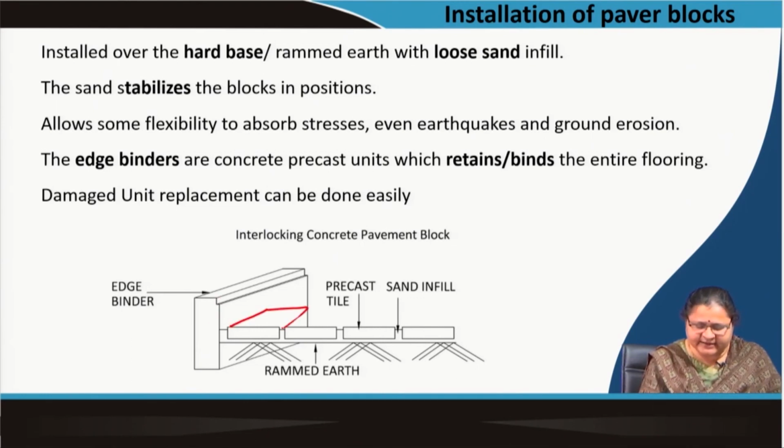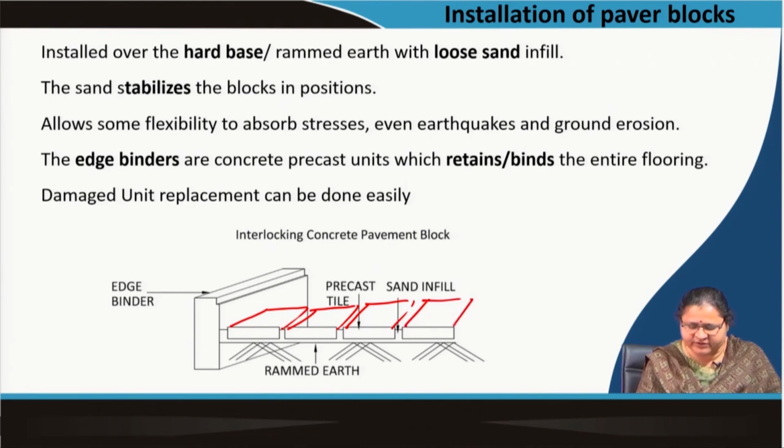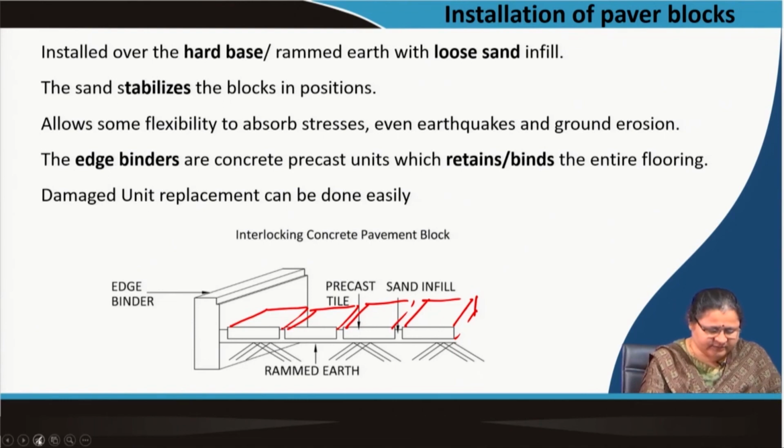So these are the tiles, whatever be the interlocking pattern, this is a simplified version, and these are placed on stable earth, that is rammed earth. And what is done, the gaps are filled in with sand.